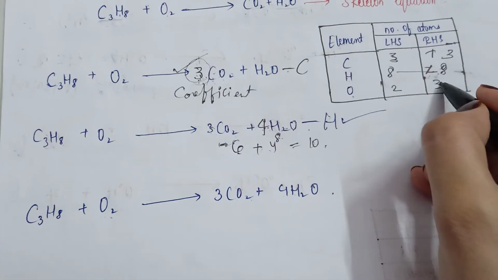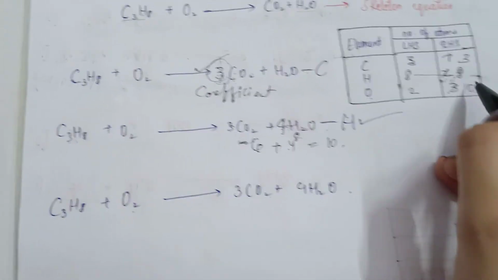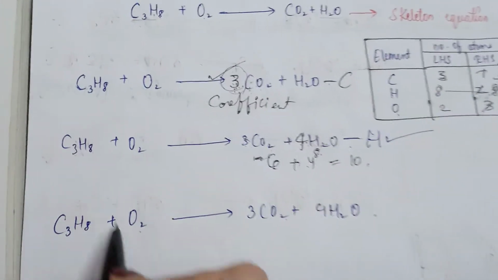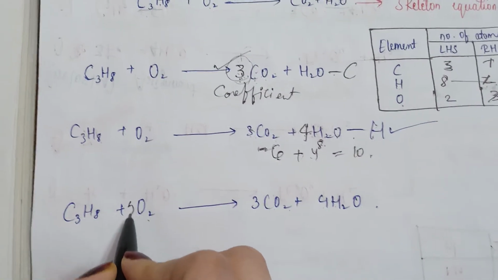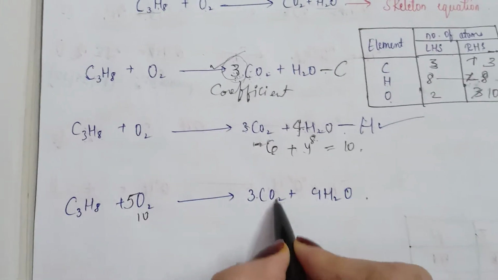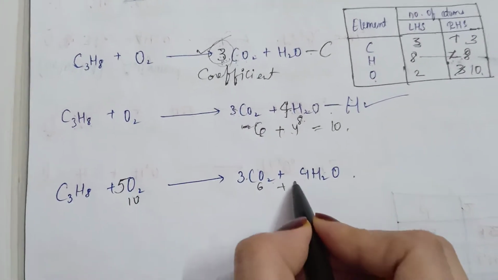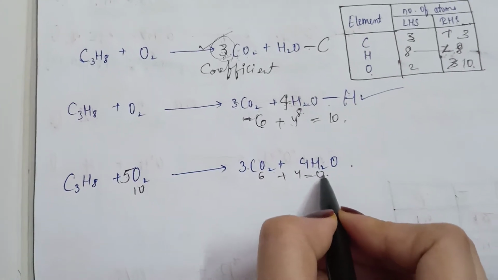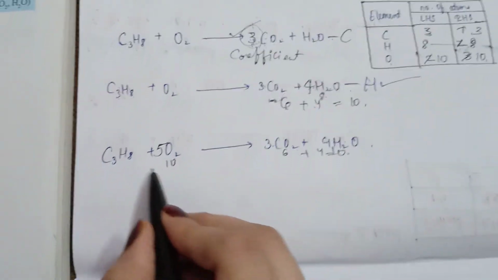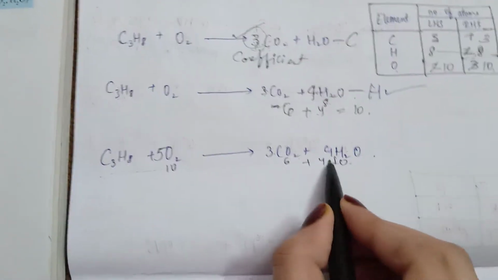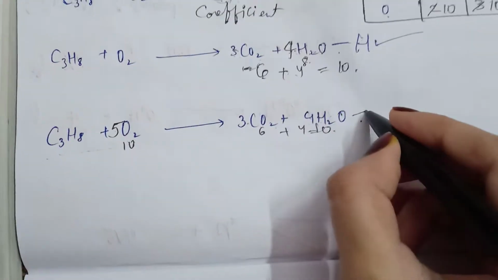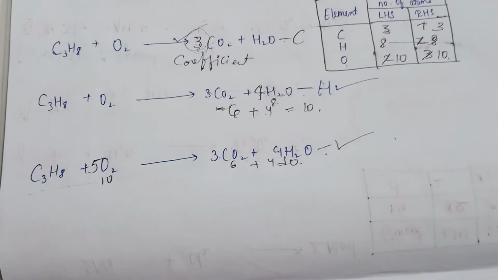So here we have to cut and write 10, and we have to balance it on the left hand side by adding 5 over here. 5 times 2 is 10 oxygen, 3 times 2 is 6 plus 4 oxygen is equal to 10, right? So here we have to cut and add 10. By this we have balanced our oxygen also. So this is our balanced equation, right?